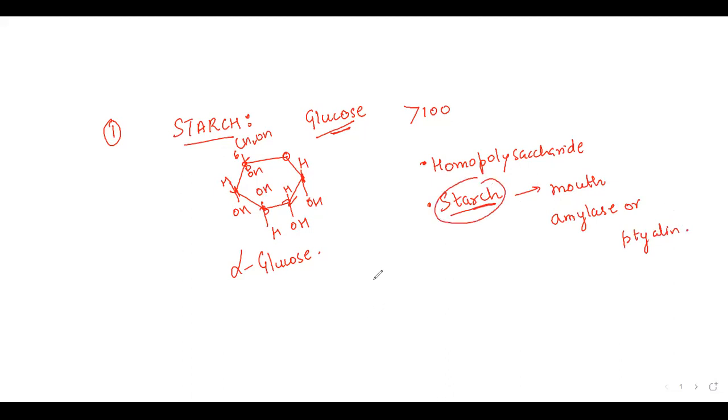Now, how does starch break down? See, starch is made up of linear chains of sugar, like these glucose molecules. We will have more than 100 units of glucose which are bound together by alpha 1,4 glycosidic linkages. We have already discussed what alpha 1,4 glycosidic linkages are, but I'll give you a brief review in the coming diagrams.